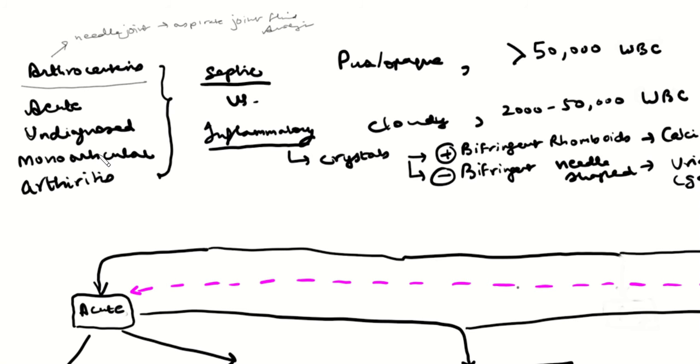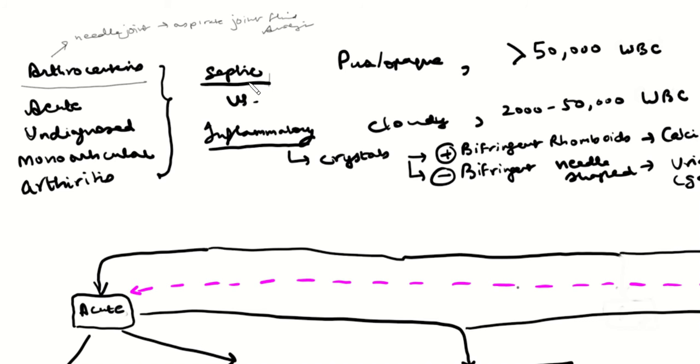If you have somebody that comes in with one inflamed joint, acute, undiagnosed monoarticular arthritis, it's our go-to test. The big thing with this one is it helps us give the diagnosis of septic joint, if there's infection in the joint, versus if it's an inflammatory disease.